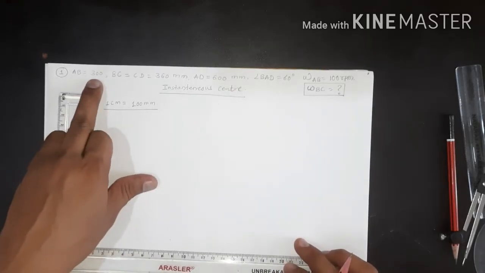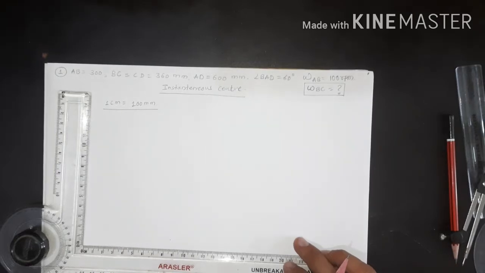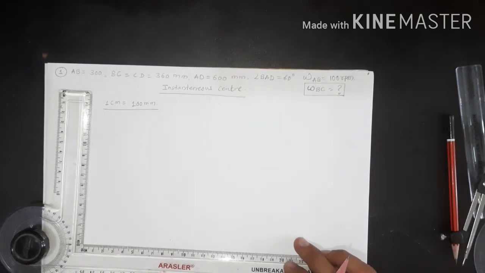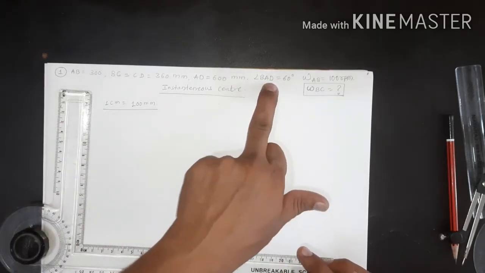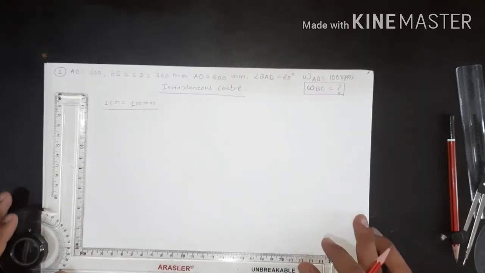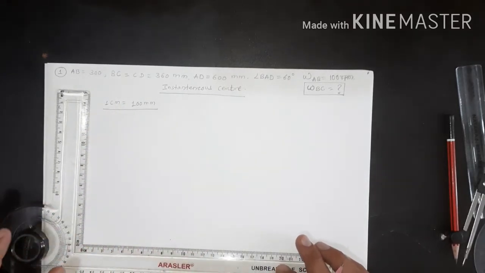So very first, they have given AB is equal to 300 mm, right? So accordingly, let me just draw that line. Angle BAD is given 60 degree, right? And BC is equal to CD is equal to 360.